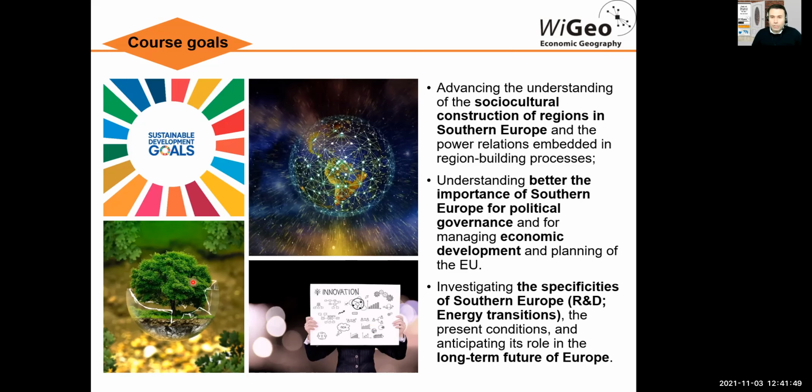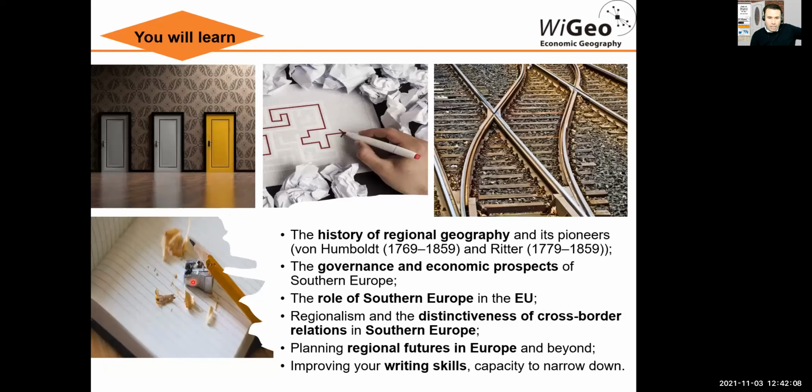It is also important that you start your path towards other learning environments or professional environments, and understand what is going on, or what they are planning for this Southern Europe in the next 20, 30, or 50 years. I'm convinced that by the end you will be able to grasp the historical developments of regional geography.